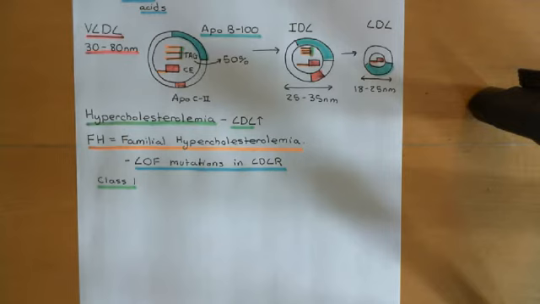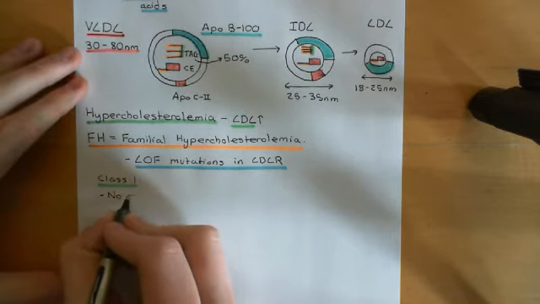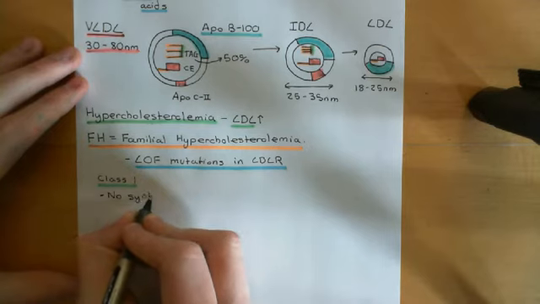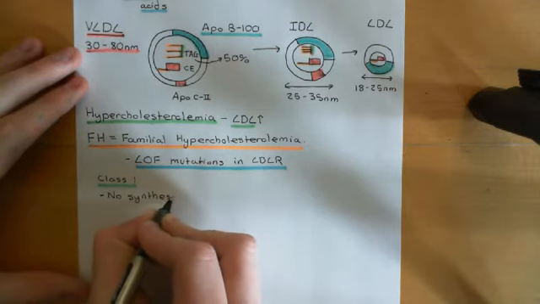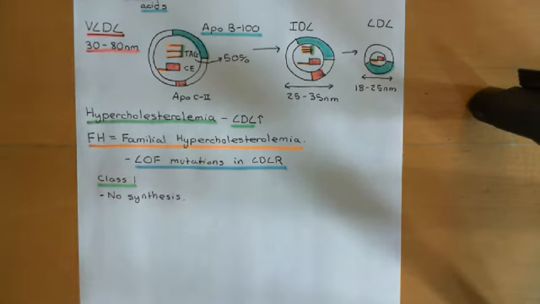They usually lead to a premature stop codon being created, and therefore the translation of the mRNAs for these LDL receptors ends up being terminated far too early, so you end up producing no functional protein. So in class 1 mutations, that gene cannot synthesize any functional LDL receptor whatsoever.